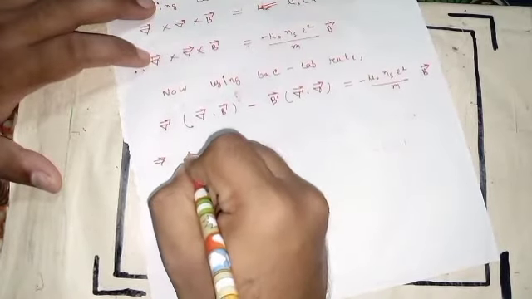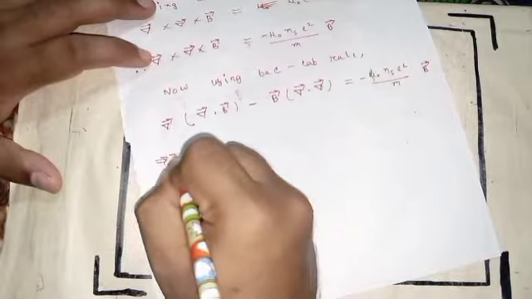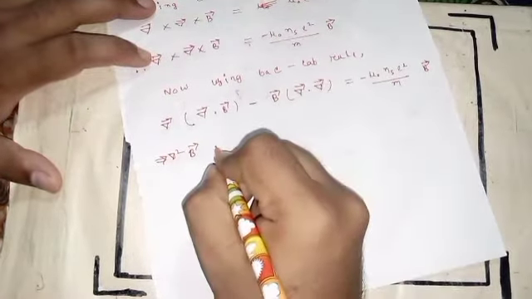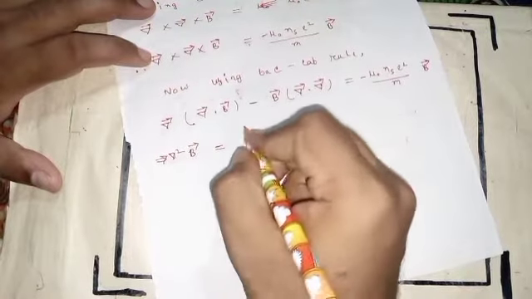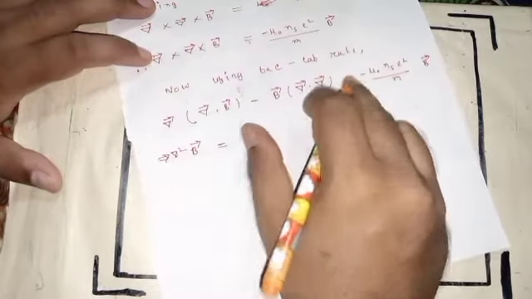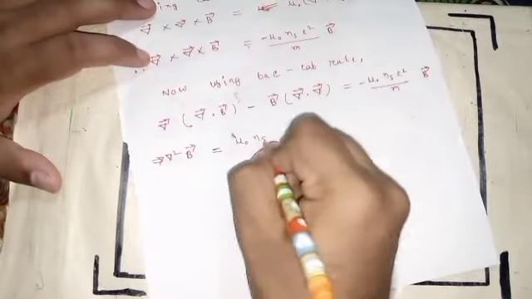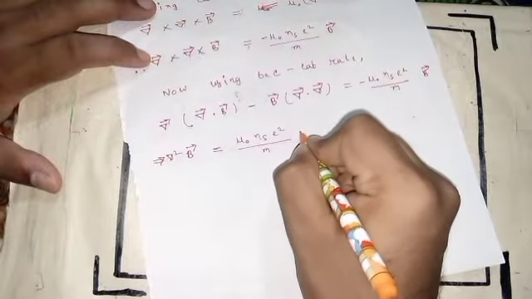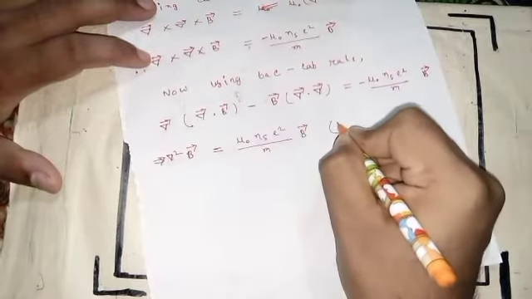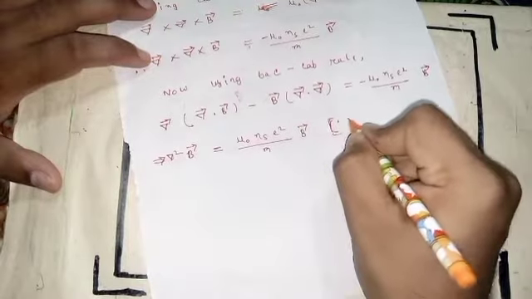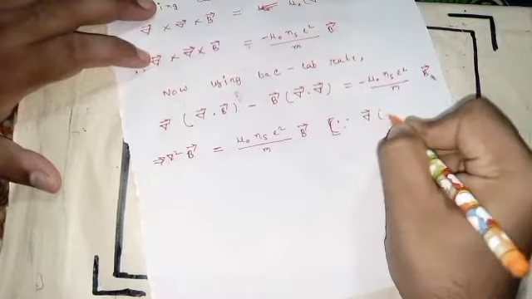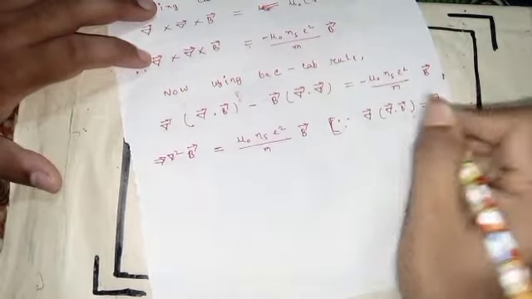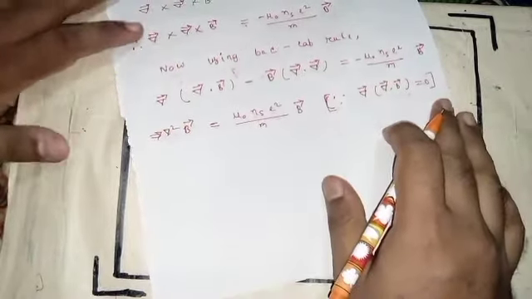So we get grad square B, and minus minus will be cancelled, so this will be mu naught ns e square by m B vector.